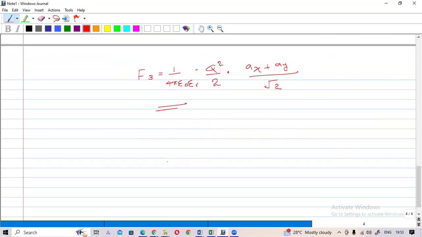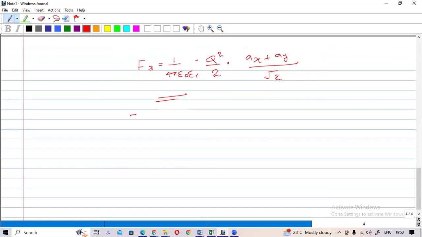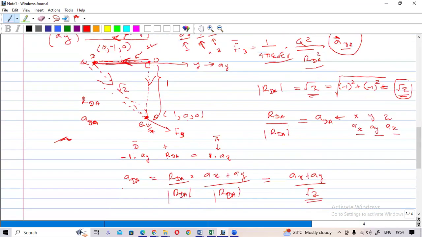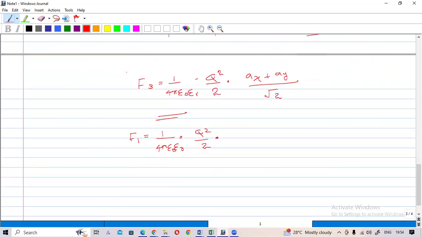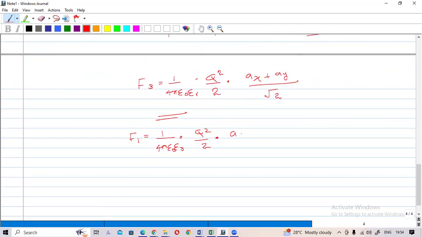Now you have found F1. Can you remember what is F1? That is 1 over 4 pi epsilon naught epsilon r, q square, 2 is there. That is due to this one, no? So it is in ax direction, so that is ax.